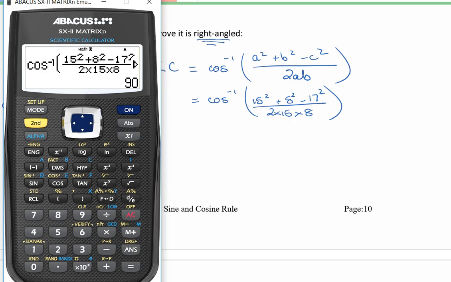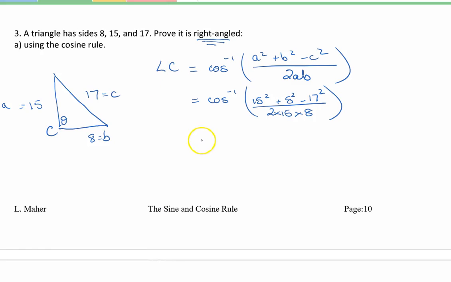It's very important that your longest side goes opposite the angle that you're finding here, and in that case it's the longest side. It was called C, and that was 17. And in the calculation, cos inverse of that fraction is, of course, 90 degrees. So we've shown that a triangle with sides 8, 15 and 17 would be right-angled, and we've shown that using the cosine rule.